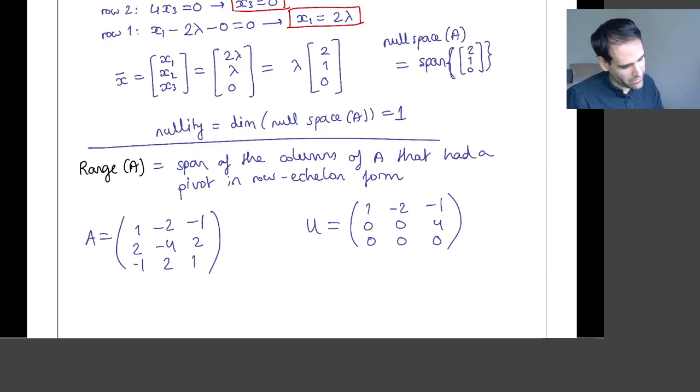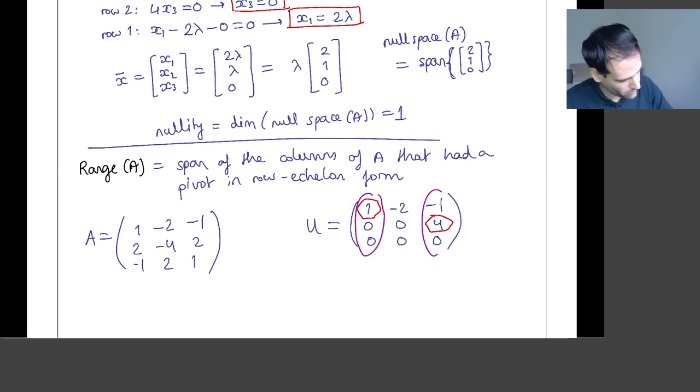So we have the original matrix and the matrix in row echelon form. So what are the columns that had a pivot? So the two pivots were these ones. So the columns that have a pivot are these two. They are associated with x1 and x3.